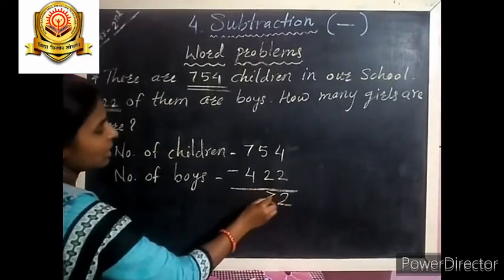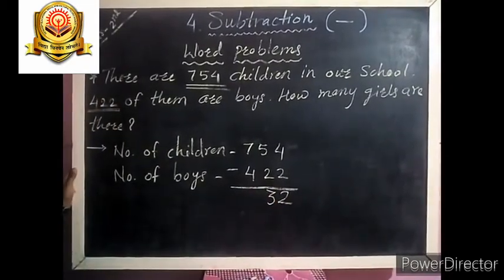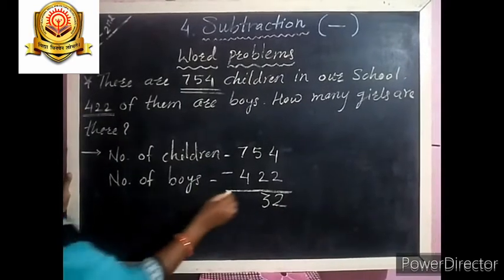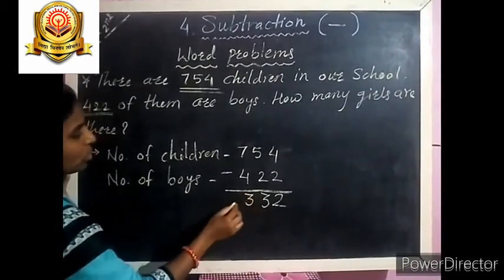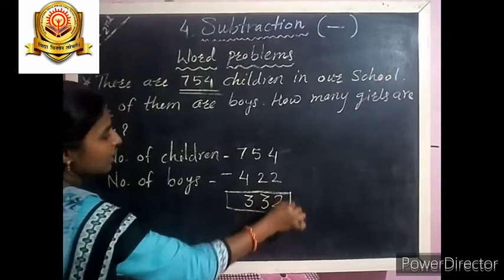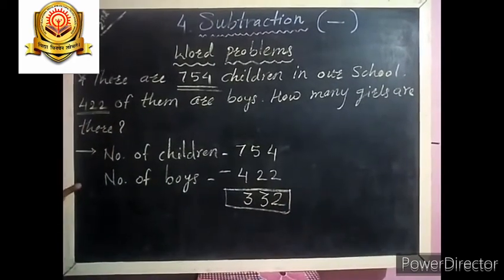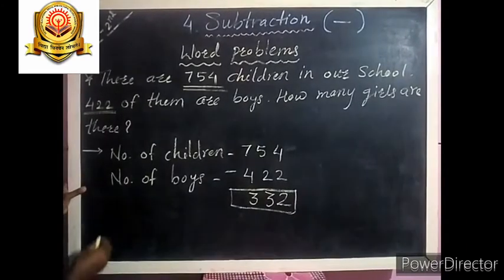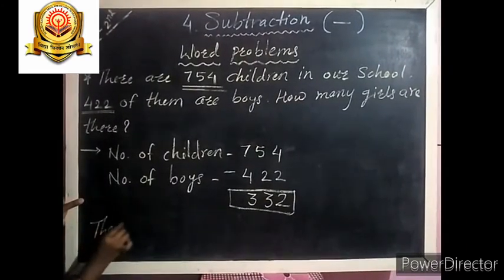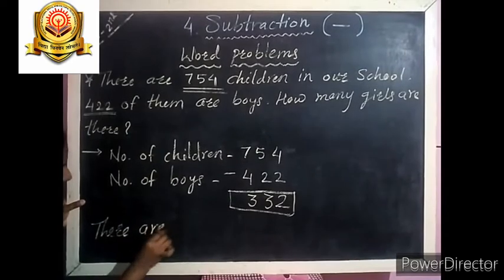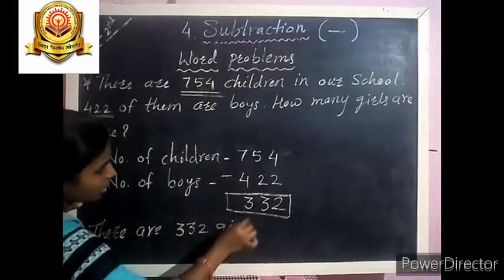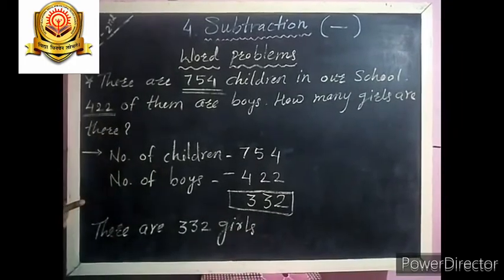So write here 3. Then 7 minus 4, 3. Very good. So our answer is 332. Means how many girls are there? There are 332 girls in the school.